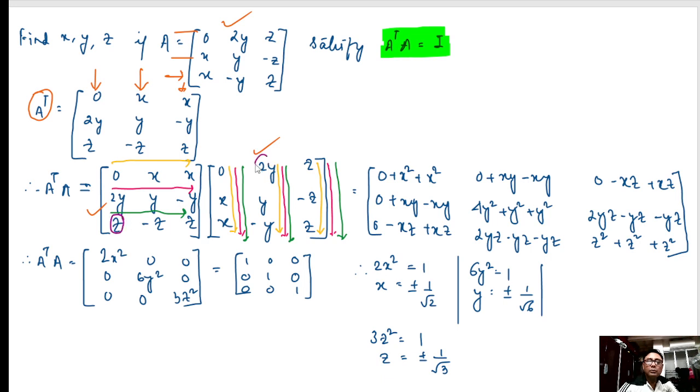So now we will do z into 2y, second row with second column, third row with the second column, minus z into y, and then z into minus y, and we will get this part.